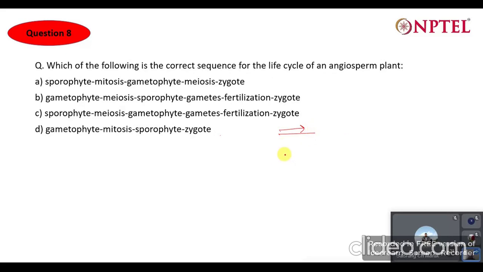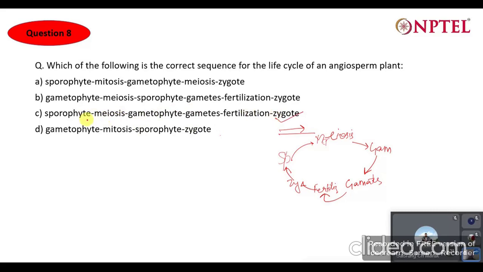It has a sporophyte that undergoes meiosis and produces the gametophyte, and the gametophyte produces the gametes, that are the male and female gametes, pollen grains and the embryo sac. After this they fertilize and produce the zygote, and that develops into the sporophyte. So the correct answer is option C.